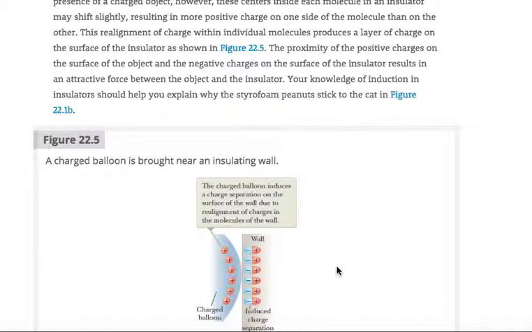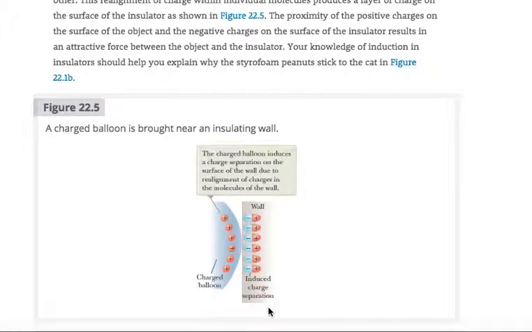I also want you to understand polarization. Polarization is not developing a charge on an object, but separation of charge within an object. So if we have a balloon that we've charged through friction, and we place it on a wall, the wall is neutral, but all of the negative charge will line up closer to the balloon, and all the positive charge will line up farther away from the balloon.